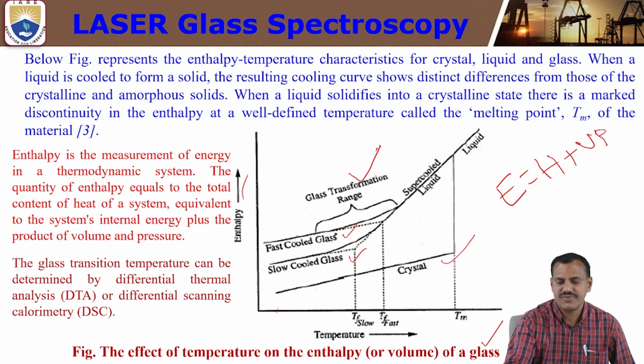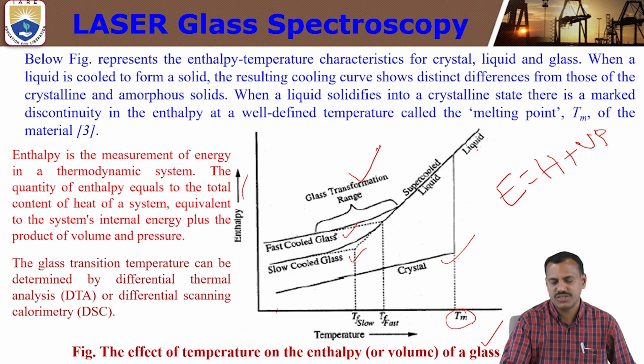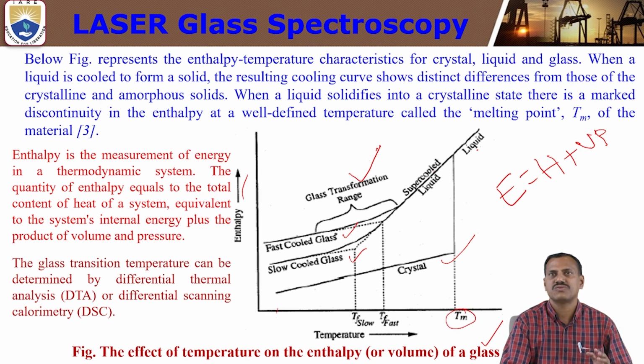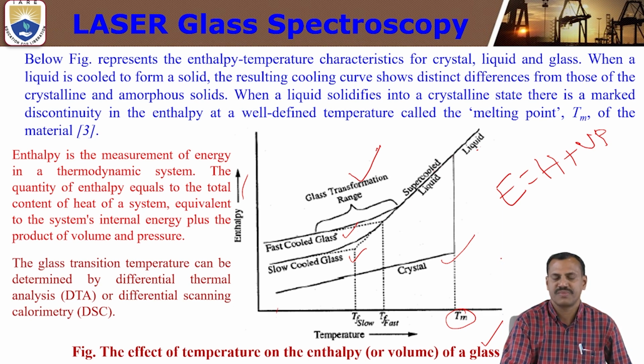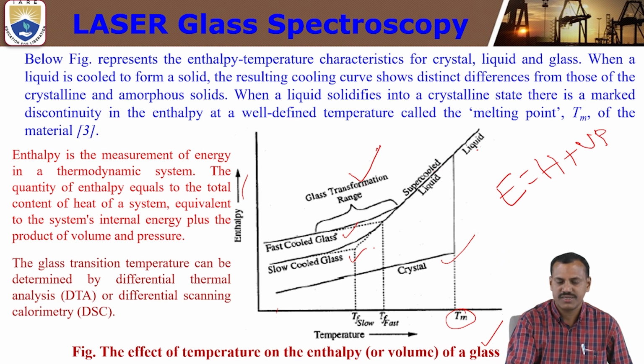Next, here are the supercooled liquid and the liquid. In between the supercooled liquid and the liquid there is a temperature, the melting temperature. From the melting temperature we can see the melting temperature of the glass host. Glass transition takes place in the slow cooled glass and fast cooled glass.